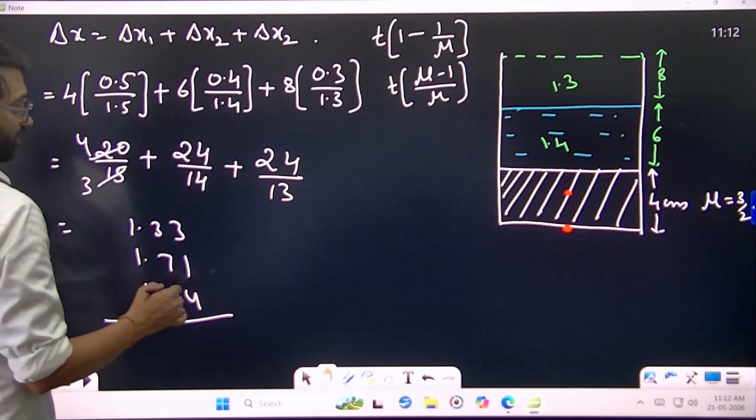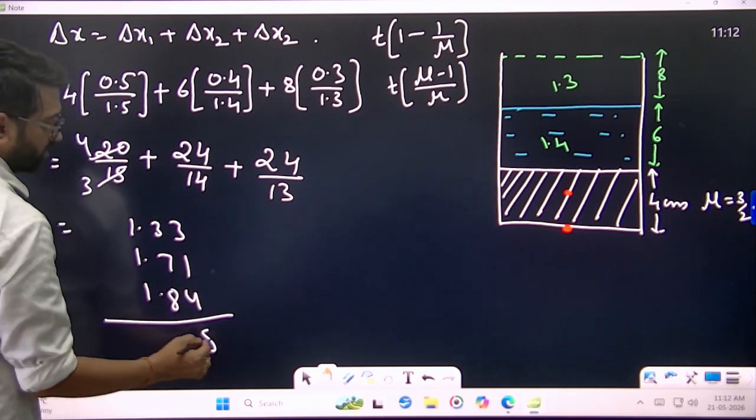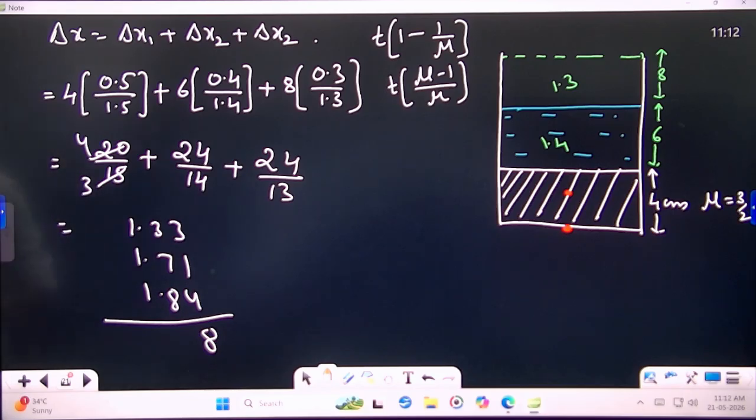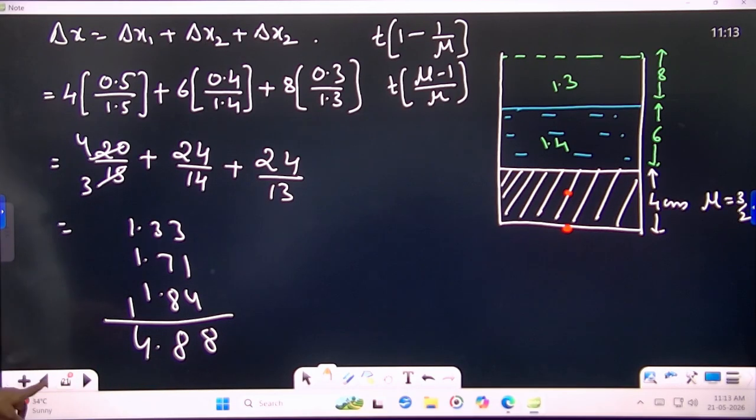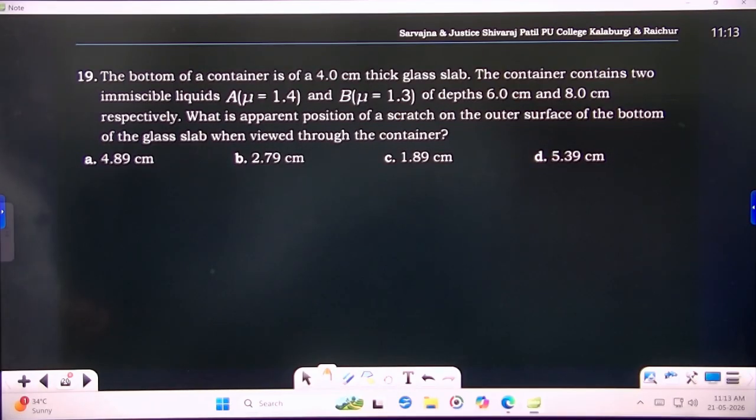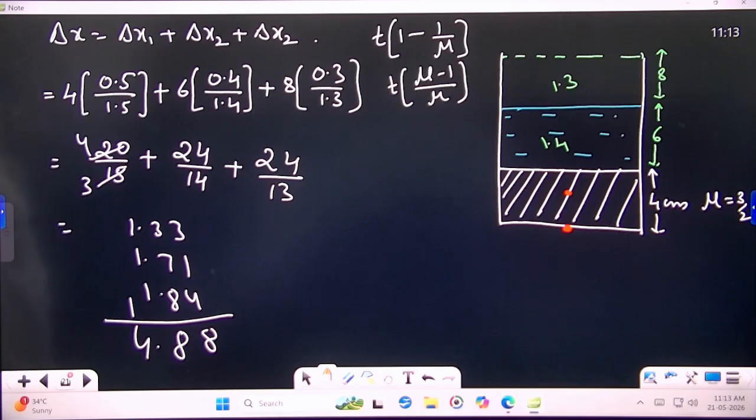If we add these, we get approximately 4.88. Approximate answer is to be selected. Maybe this one. So this is the answer for this.